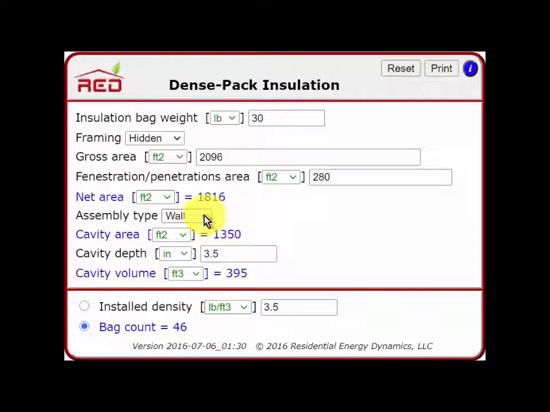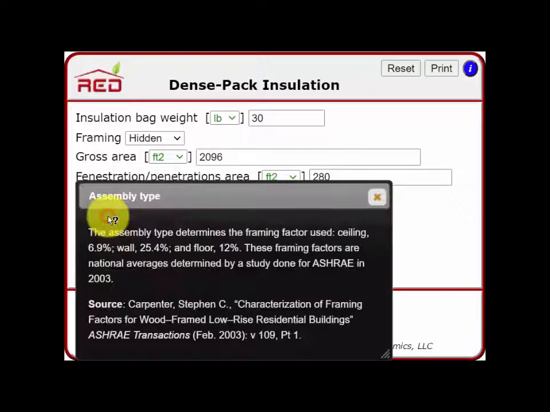Now we're on assembly type. This is for the hidden. We have wall, ceiling, and floor. Notice if I click on the assembly type for the pop-up help, you can see for the ceiling, the framing, which is hidden, is 6.9%. For the wall, it's 25.4%.